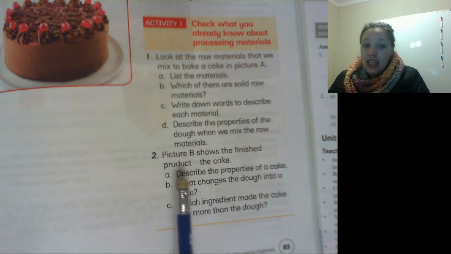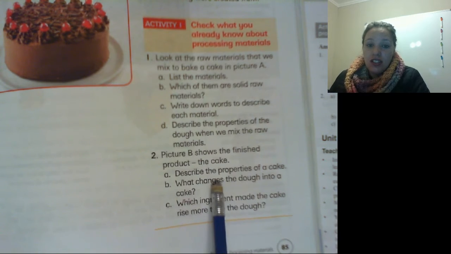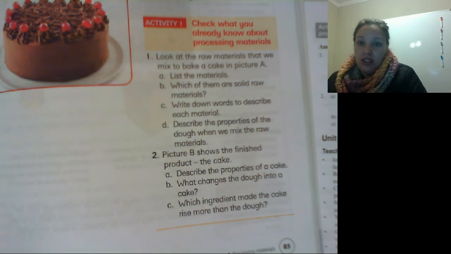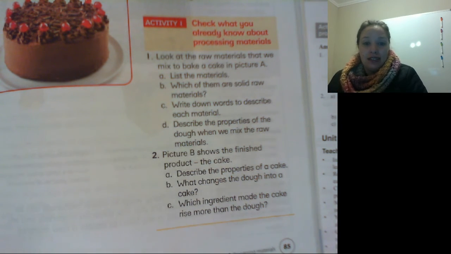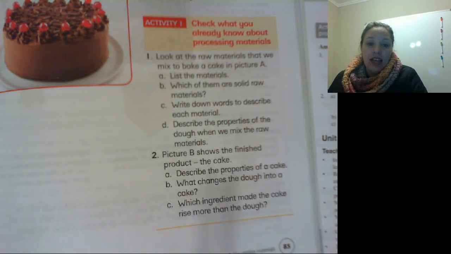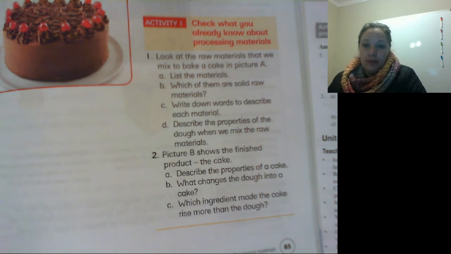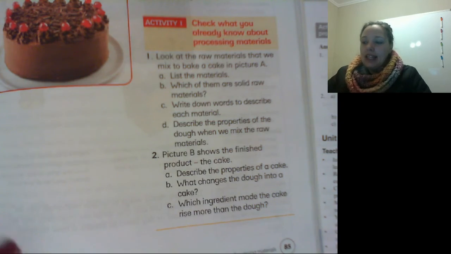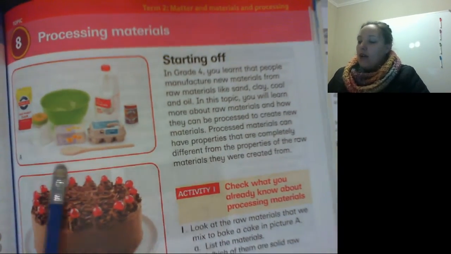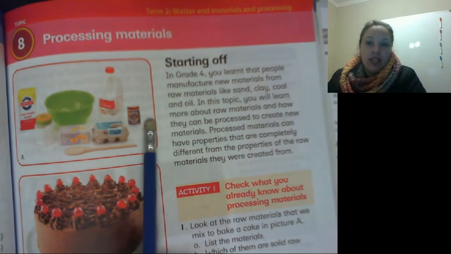All right, then here it says, what changes the dough into a cake? What did you do to that dough mixture? You put it in the oven. You applied heat. Which ingredients made the cake rise more than the dough? There's kind of like the magic ingredient, and that is our baking powder.